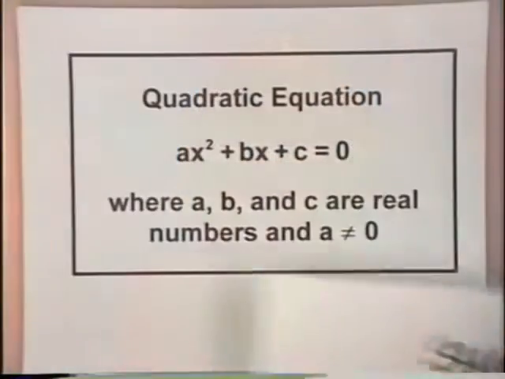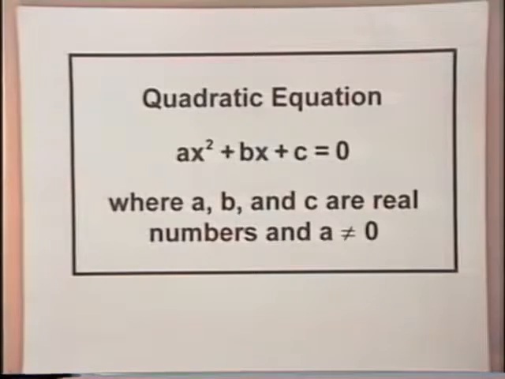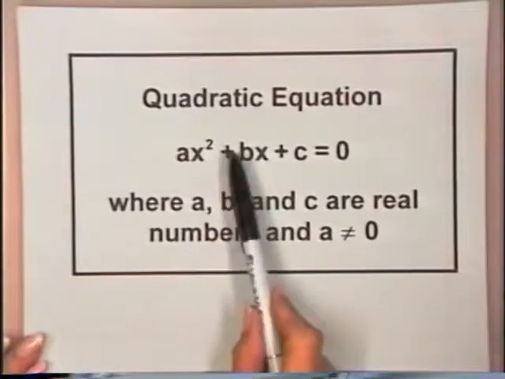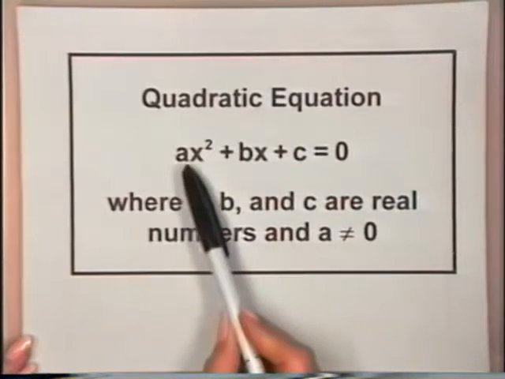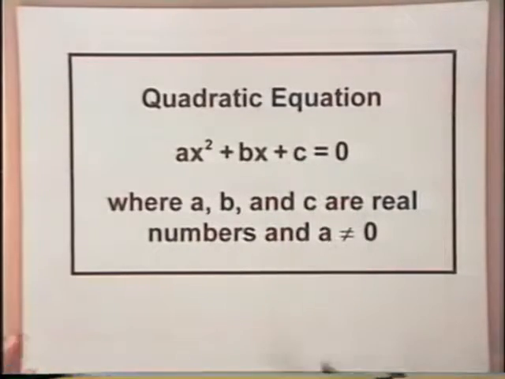I'd like to begin by looking at how we define a quadratic equation. A quadratic equation is an equation that can be written in the form ax squared plus bx plus c equals 0, where a, b, and c are real numbers and a does not equal 0.